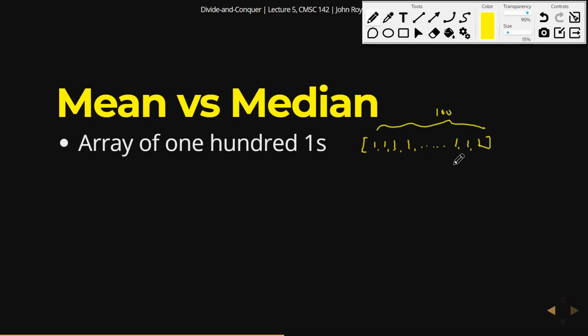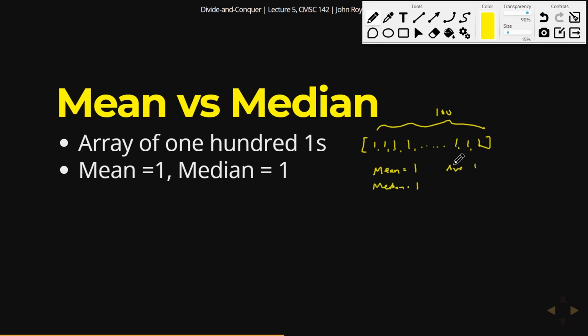If this is the case, the mean and the median are both 1. The mean is 1 because the average is just 1, right? And the median is also 1 because you get the half. Anyway, it's all ones, right? So the median is also 1.